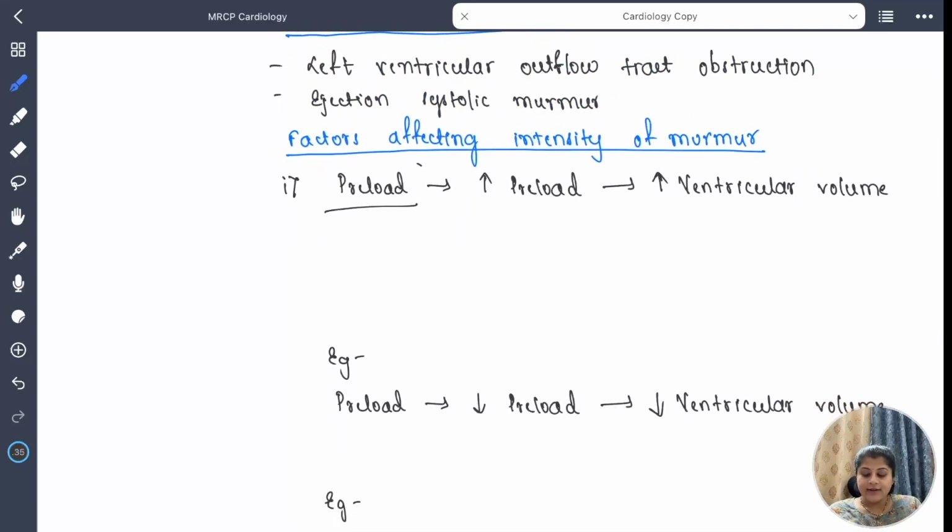So first, let's understand how preload affects intensity of HCM murmur. Whenever there is increased preload, the ventricular volume increases.